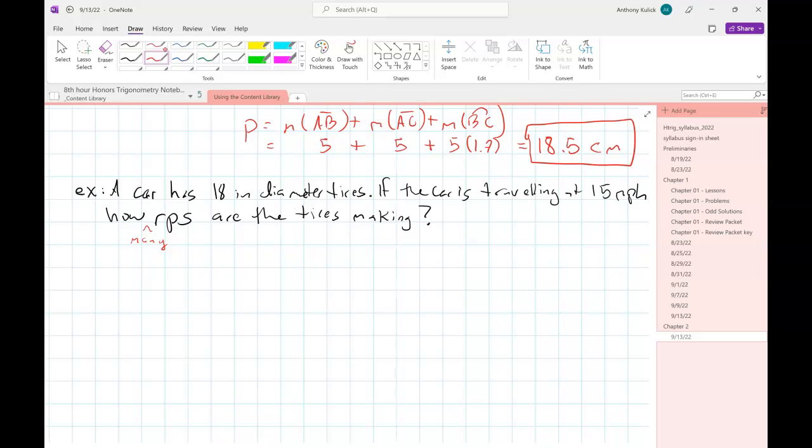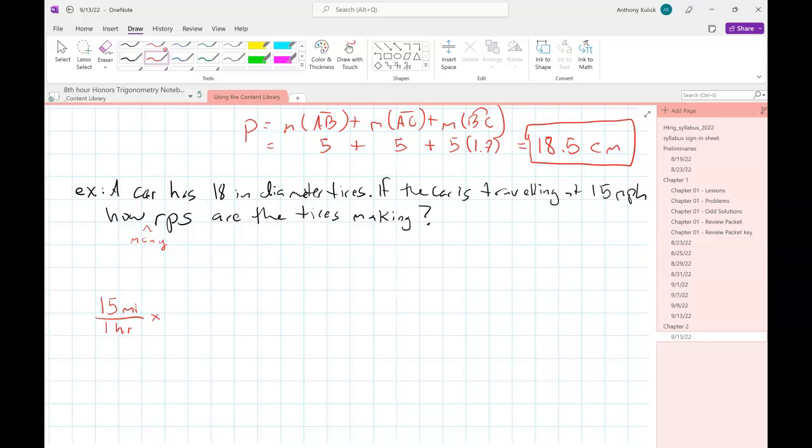All right. This, believe it or not, is just a big fancy unit conversion problem. So, I'm going to start with what I know. 15 miles per 1 hour.